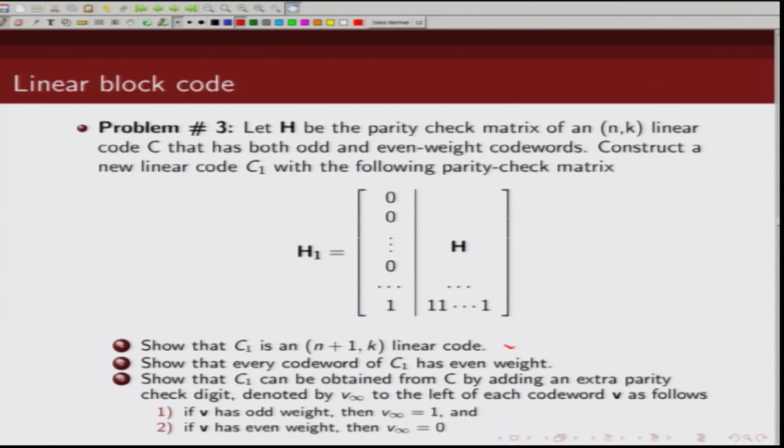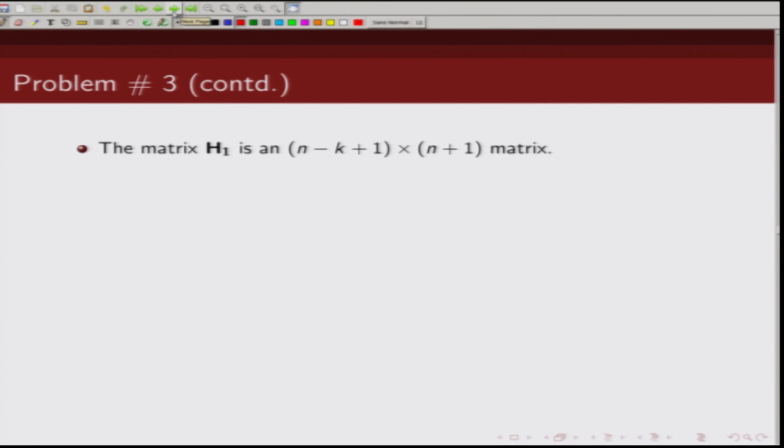Let us first prove that the code generated by this new parity check matrix is basically a new code with n given by n plus 1 and k given by k. As we know, this H matrix has these dimensions, because we are adding a new column and a new row.